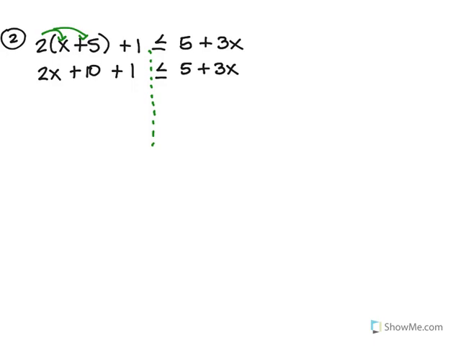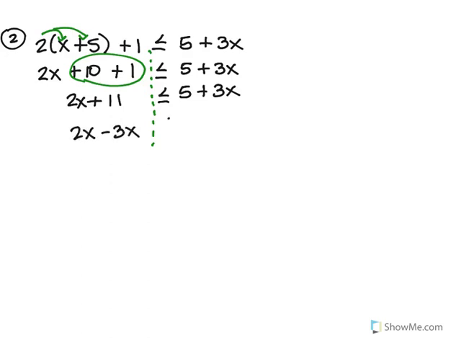Then we're going to combine 10 plus 1. So that's 2x plus 11 is less than or equal to 5 plus 3x. And then I'm going to move them. So I have 2x minus 3x is less than or equal to 5 minus 11.